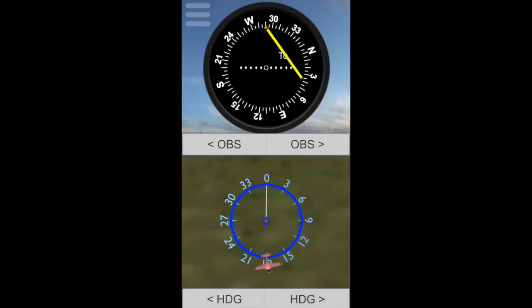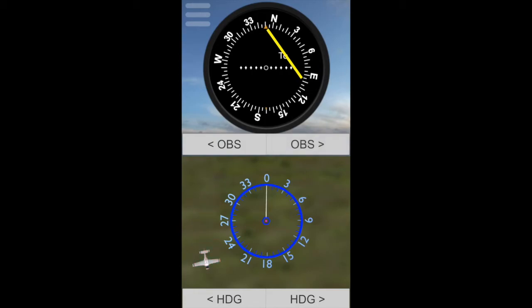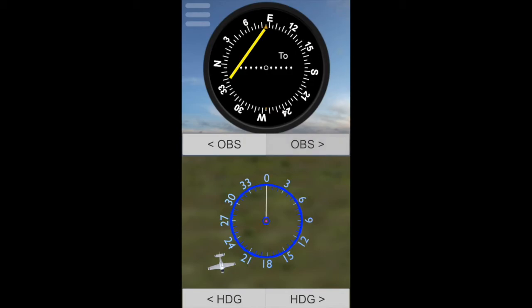You are flying, and if you want to use a VOR and find out where you are with respect to that VOR, you keep turning. Here you go, and just put the plane anywhere. Here we go, put it here for example. Turn the OBS, keep turning the OBS until I get a from indication. A from indication, here we go, a from, and the needle is centered.